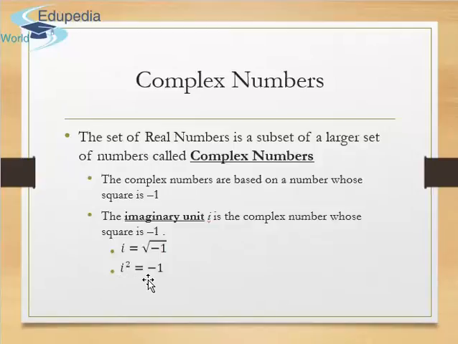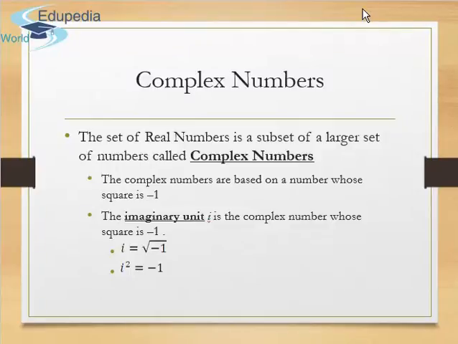The reason I am telling you this is because whenever there is, let's just say, negative 25, we can break it down into a negative part and the real part. Negative 25 is still a real number in itself, but I'm telling you in respect to complex numbers. So negative 25 can be written as negative 1 times 25.